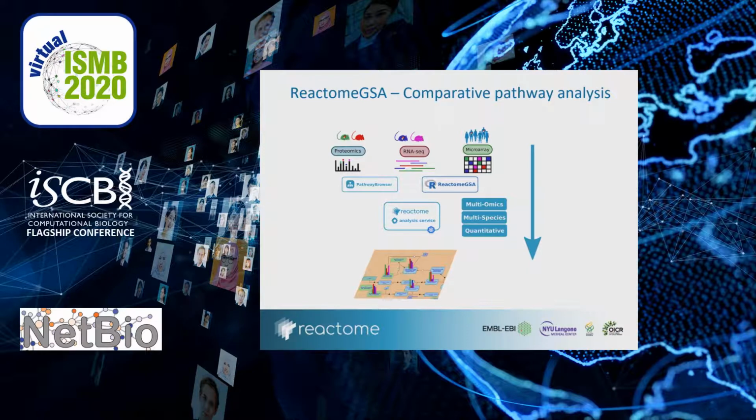To support multi-omics data analysis, we have a new Reactome GSA service that uses our existing web interface and a novel R Bioconductor package. For multi-omics gene set analysis, Reactome GSA supports the direct import of data from the Expression Atlas as well as user-supplied data, and offers three different analytical methods.